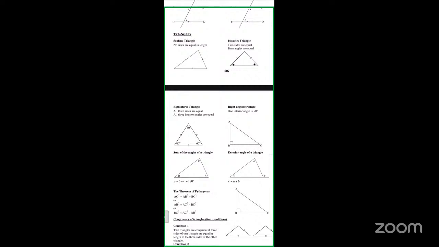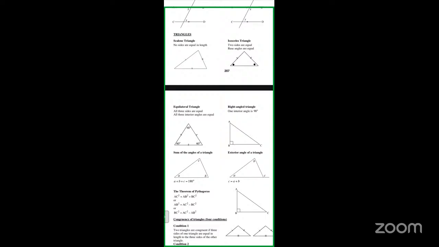Then let's move to the other part of geometry, whereby we are now going to focus on the triangles. With the triangles, we know that there are several types: scalene, isosceles, equilateral, right angle triangle. So you need to know the properties of each and every triangle, because you are going to use that a lot in geometry, and that is going to help you a lot.